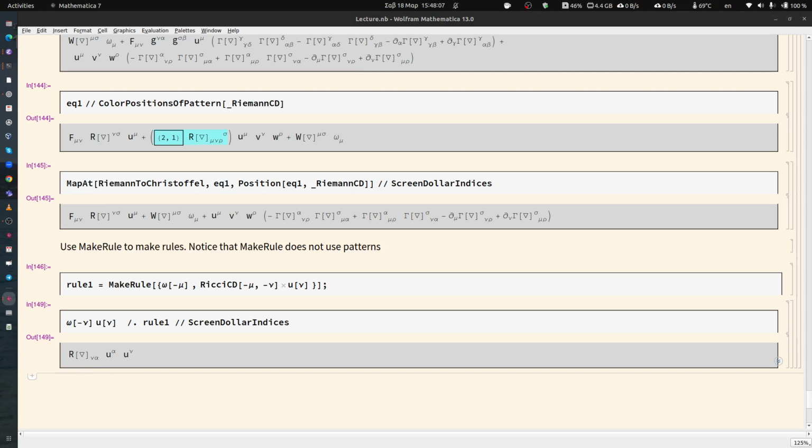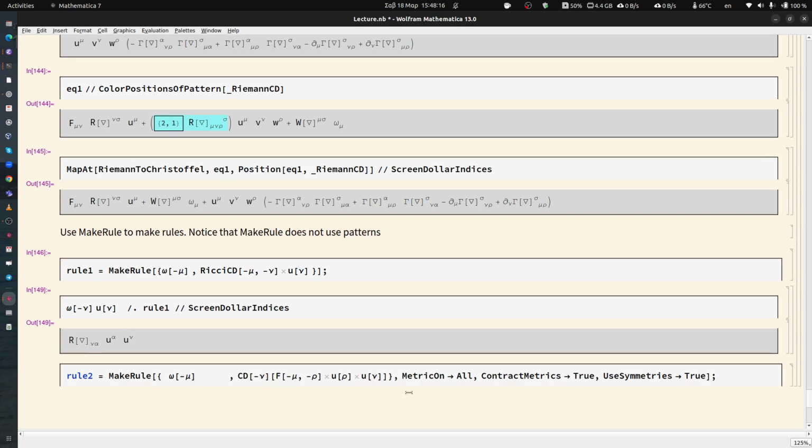Let's make more complicated rules. Now, this is a rule that substitutes the one form omega by the covariant derivative of f contracted with rho and nu contracted with the index of the covariant derivative.